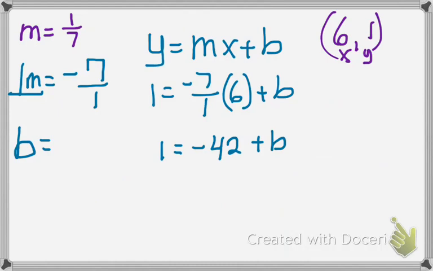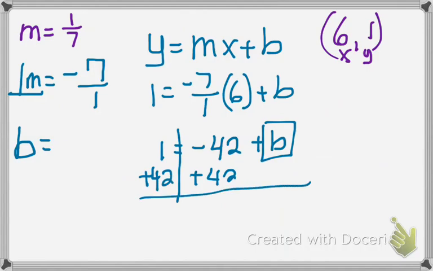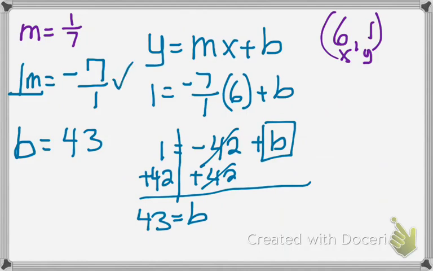Solve the equation, get b by itself. I'm going to add 42 to both sides. So b equals 43. Now, I found a perpendicular slope to my radius. Check.